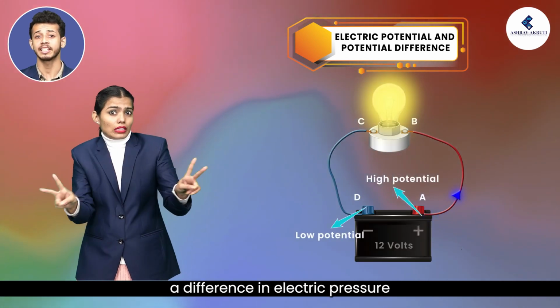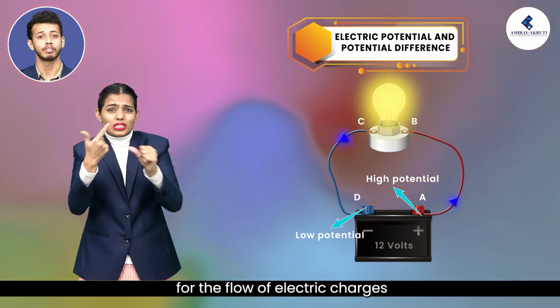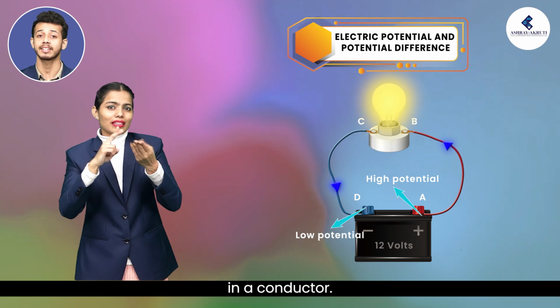Similarly, a difference in electric pressure, called potential difference, is needed for the flow of electric charges in a conductor.